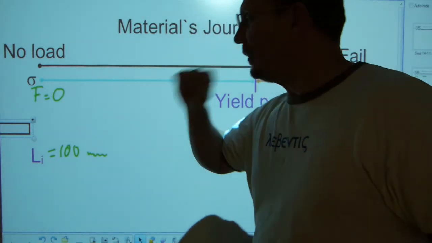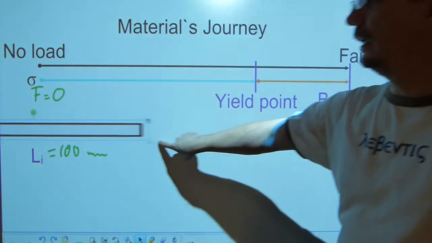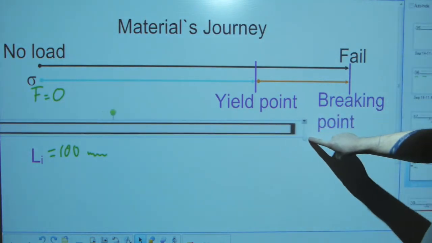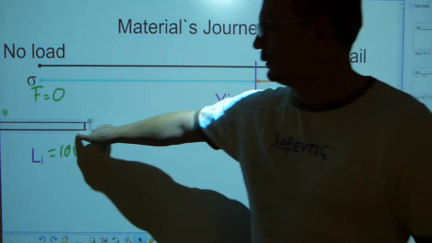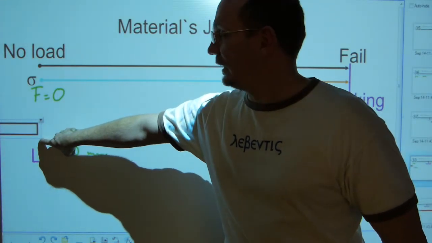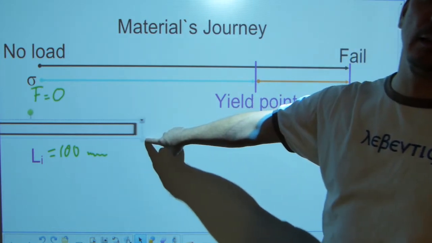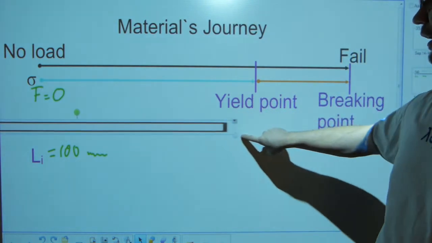So what I can do with this rectangle is this. I can stretch it like so. As a force acts on it, starting with its initial length, as a stress or a load is being placed on it, it's getting longer and longer and longer.